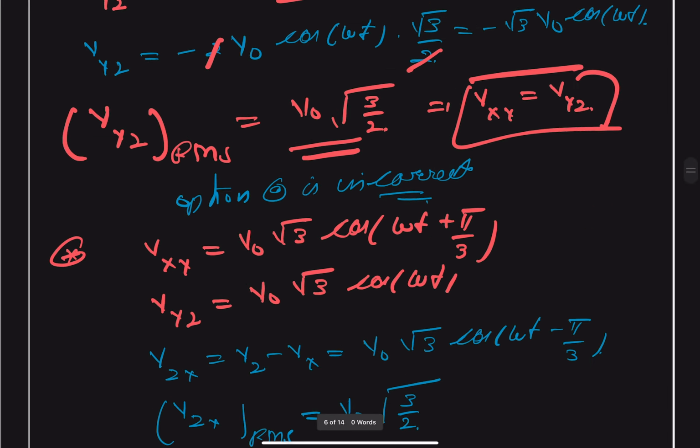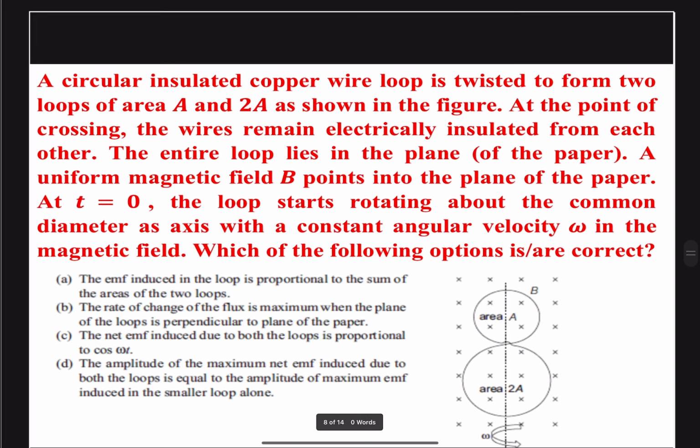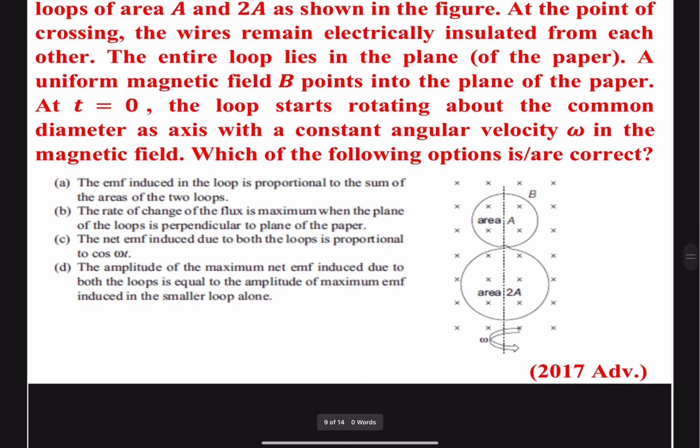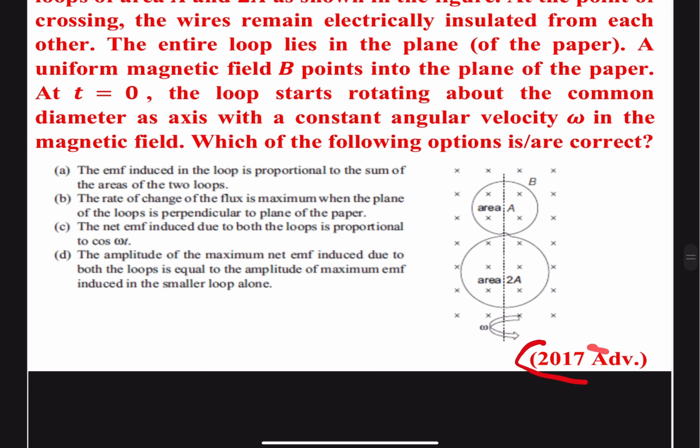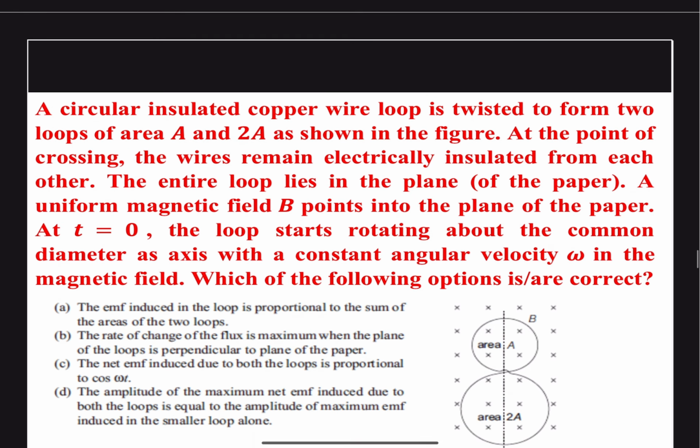So this completes this particular question, and we come to our final question, which was also asked in 2017 Advanced. And here it was given that a circular insulated copper wire loop is twisted to form two loops of area A and 2A as shown in figure.